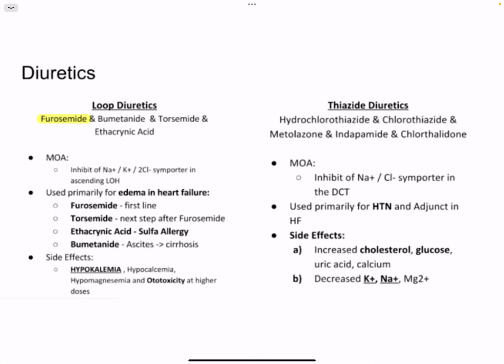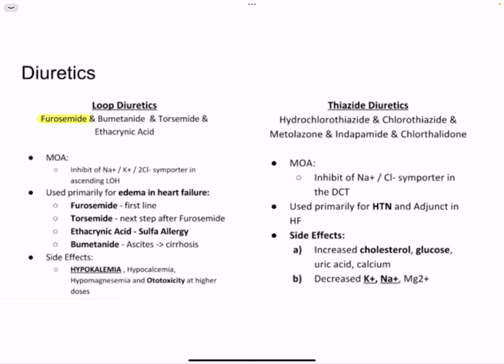But because the margin is wide, from 130 to 140, clinically it is not as important as compared to potassium. Every diuretic, hypokalemia is important. You will not see hyponatremia except maybe with osmotic diuretics that cause excessive loss of sodium. Otherwise we don't mention that.